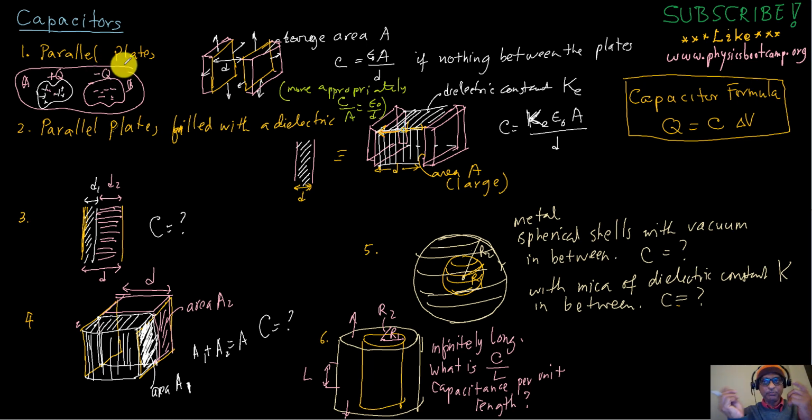And you probably know that each metal, the entire metal in electrostatics, is at one potential. This one is some potential V plus with respect to infinity, and this is V minus with respect to infinity. So there is a voltage difference between them.